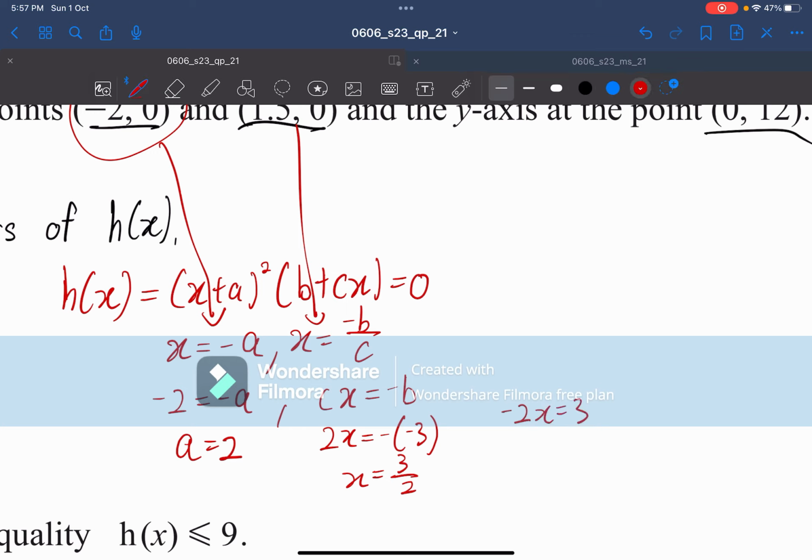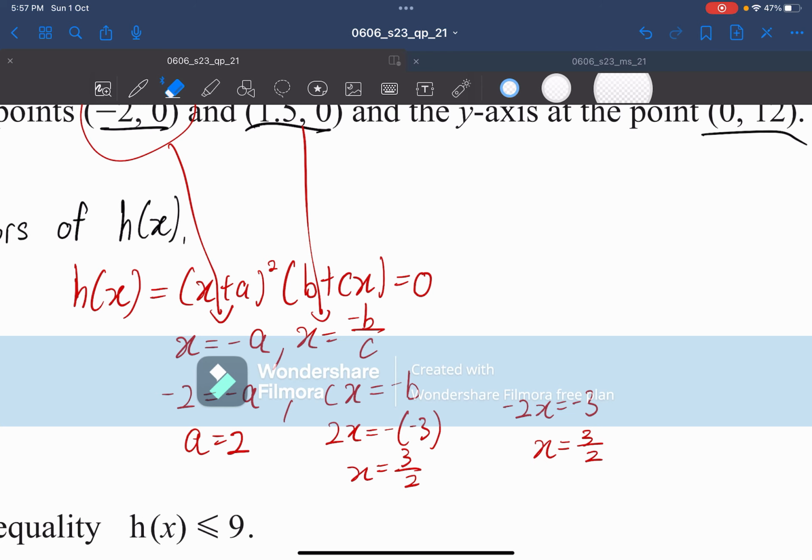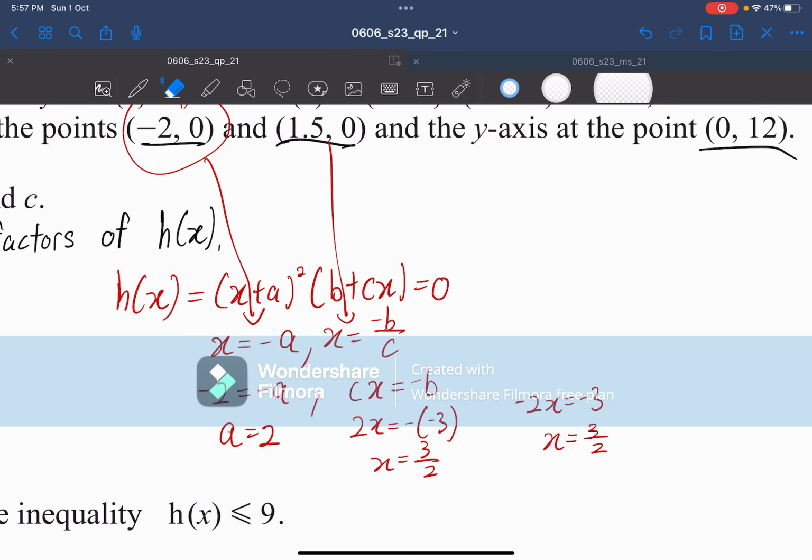Then it would be -3 over -2, right? Because multiplied by negative, this would still be 3/2. So there's actually no way of determining the sign of c and b this way.